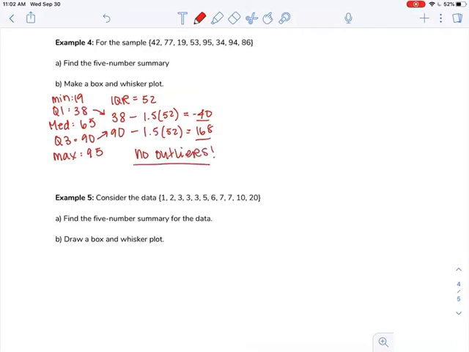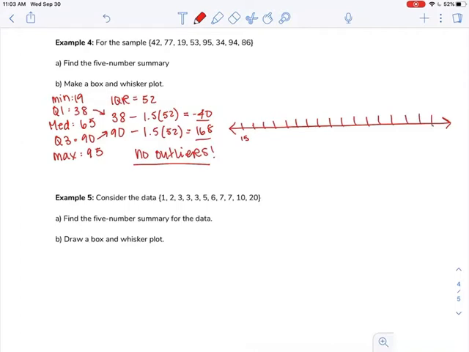All right. So now what we're going to do is we are going to make our box and whisker plot. So I think I'm going to count by 5s, and I'm going to start at 15. 15, 20, 25, 30, 35, 40, 45, 50, 55, 60, 65, 70, 75, 80, 85, 90, 95.